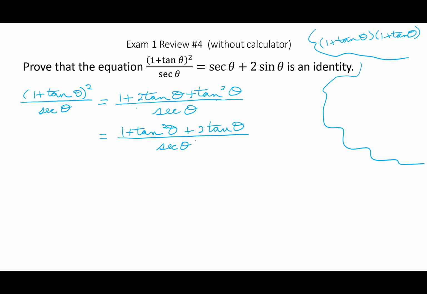Well, you might just remember this, but if you don't, we start with the Pythagorean identities, sin² θ + cos² θ = 1.